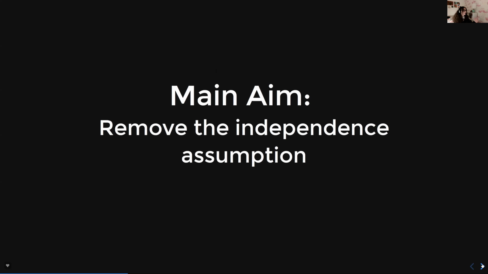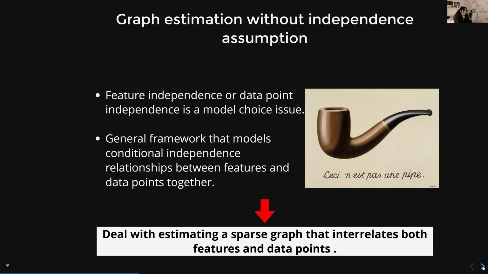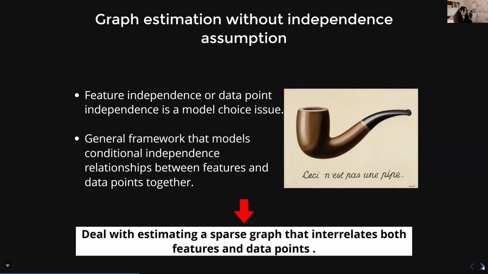So we find a graph between features, for example, and that's a model choice. We want to remove this independence assumption. How do we proceed with graph estimation without the independence assumption? Again, it's a model choice issue. We don't want to make this choice. We just want a more general framework where we can, at the same time, estimate a graph along the features and along the samples.